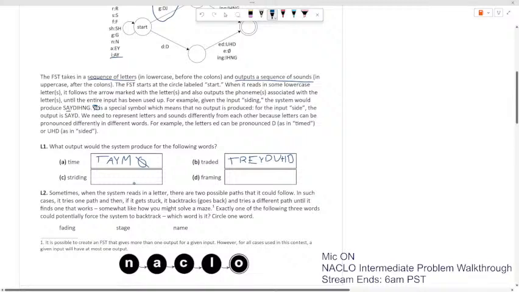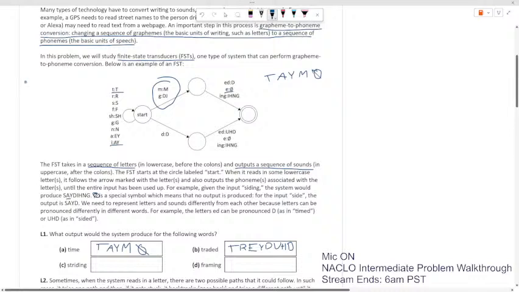The nice part about this problem is that you can test it by reading it. So if you got it wrong, you'll probably know.